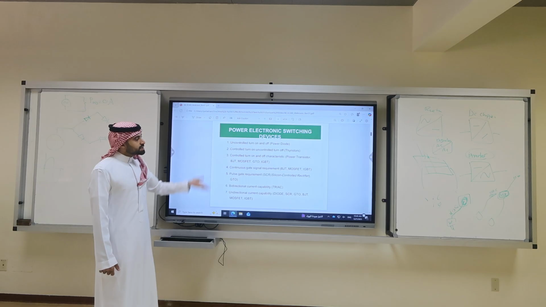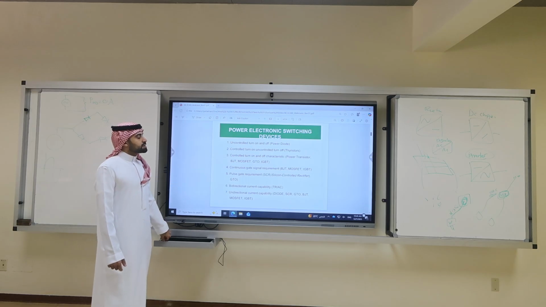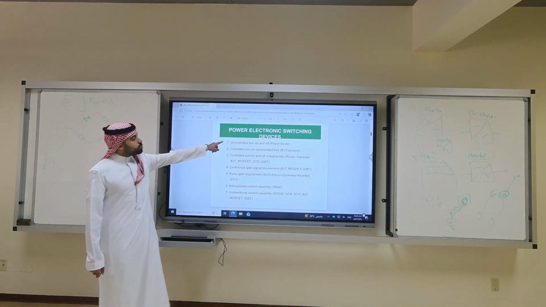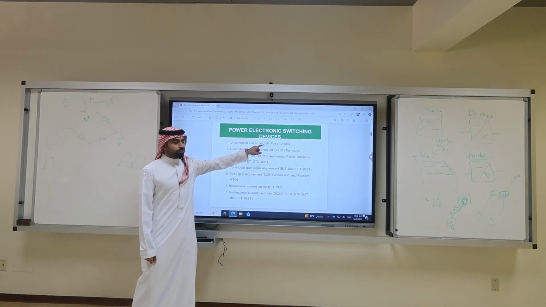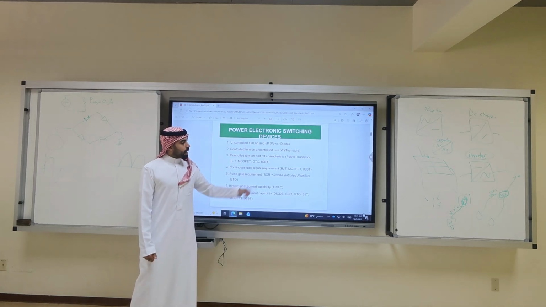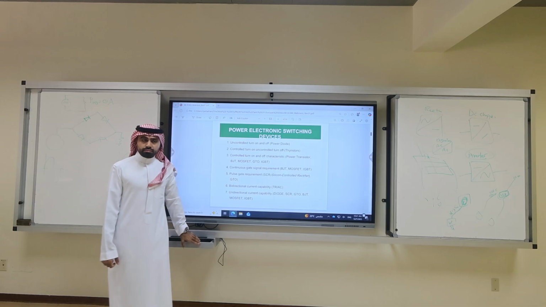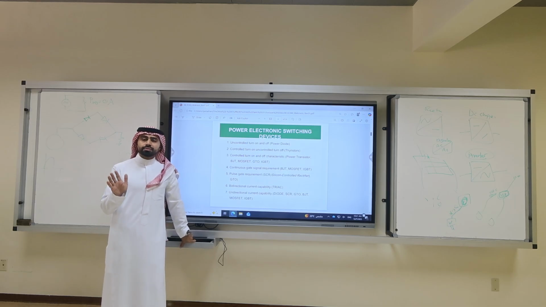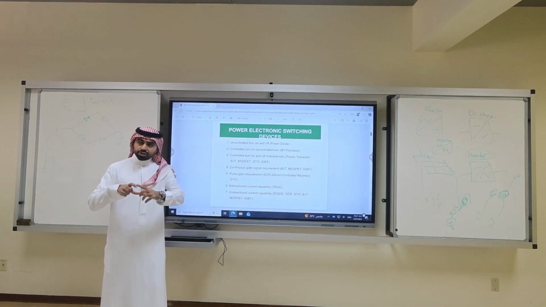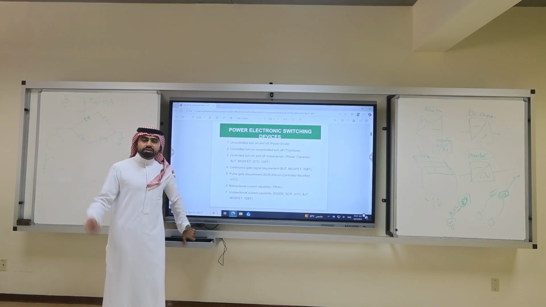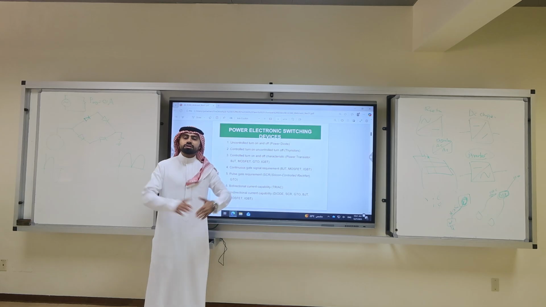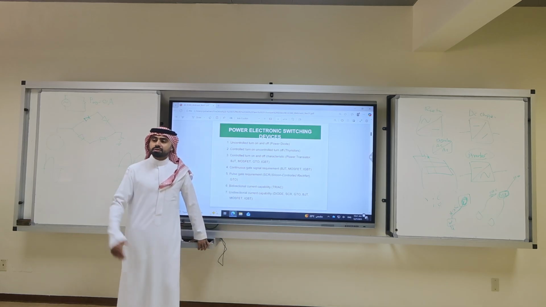So what are the devices, the switching devices? We have uncontrolled turn on and off, like the power diode. You don't control the diode. If the voltage is above the threshold, in EE203, what was the threshold? 0.7. For the power diode, this voltage is higher. Maybe 10 volts, maybe 20 volts.